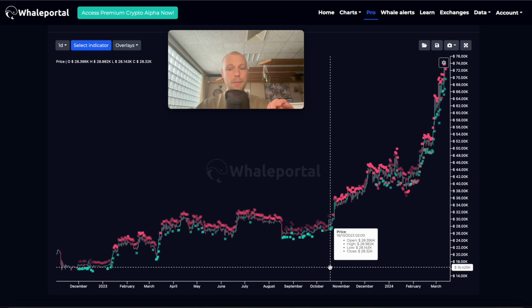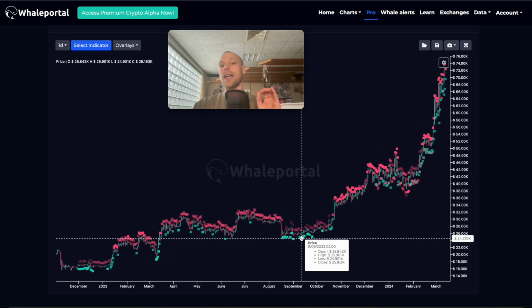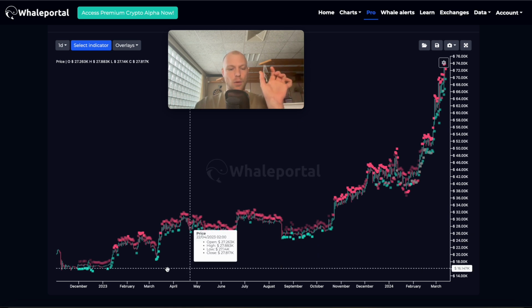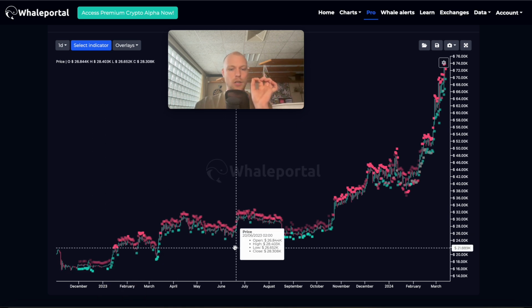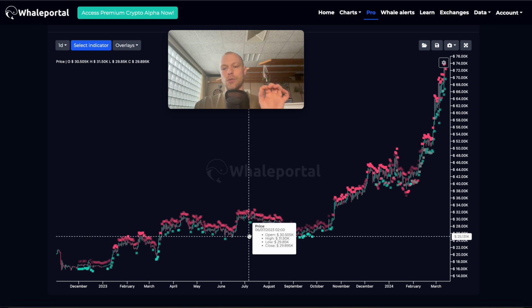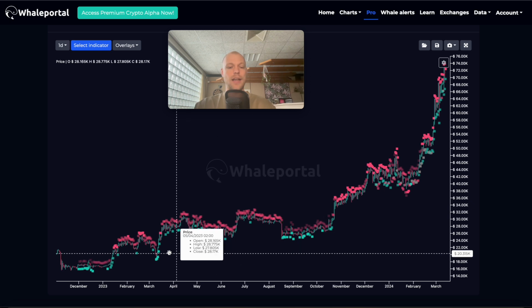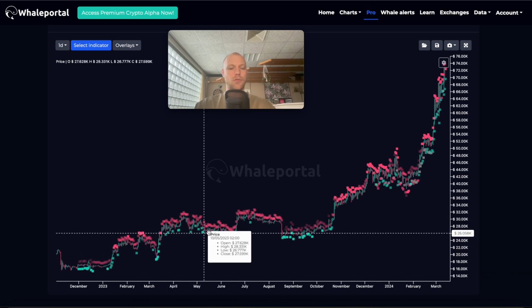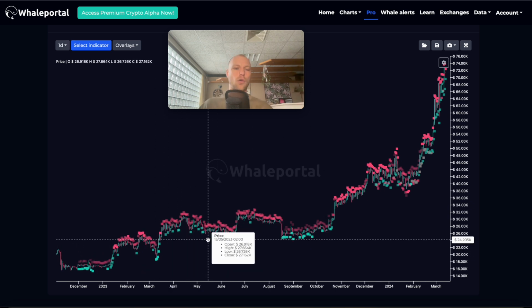Right? And in a bear market, even with buying pressure, when the buying pressure becomes very low intensity, for example very light green, the price can still move down. But that won't happen in a bull market. That will not happen in a bull market, as you can see right here. Every time we are seeing the red bars, and this is of course on the daily time frame.